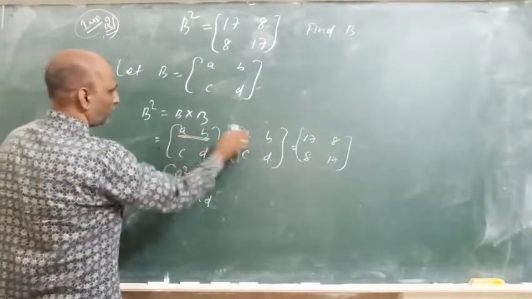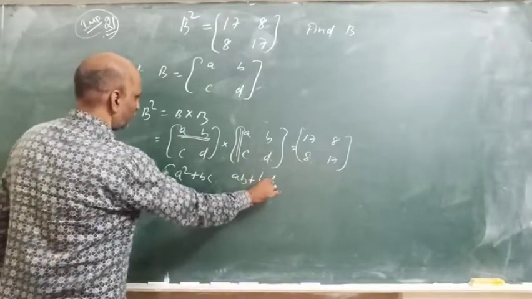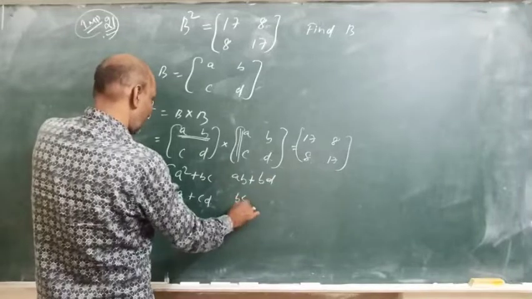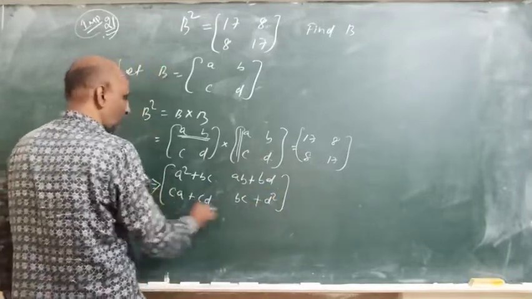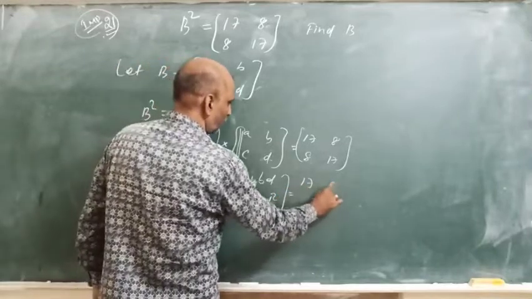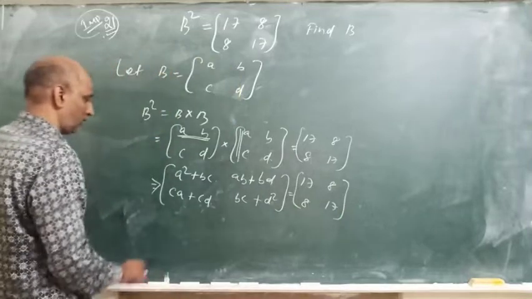Similarly, ab plus bd, then bc plus d square, which is equal to [17 8; 8 17].